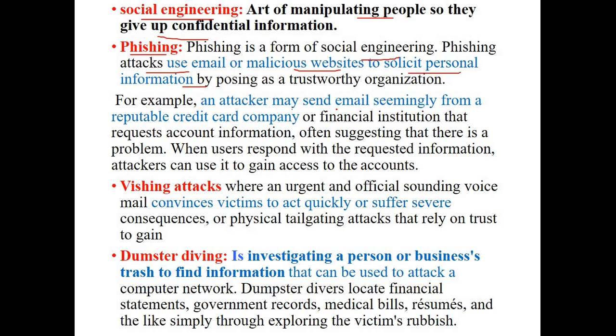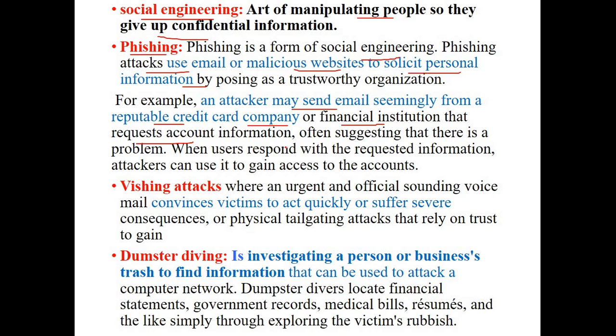For example, the attacker may send an email message to users as if it is from a reputable credit card company or financial institution that requests account information, and they also mention that if the user doesn't respond to this email, the account will be closed or suspended.